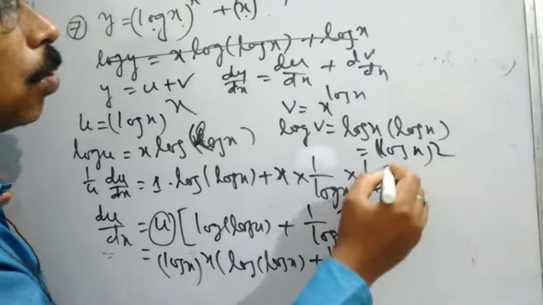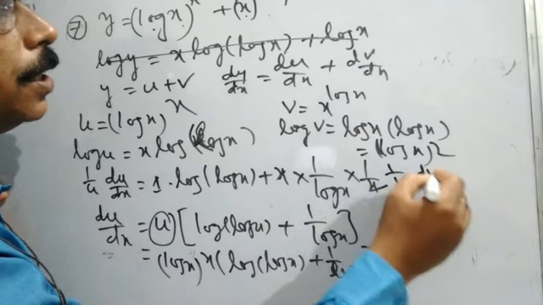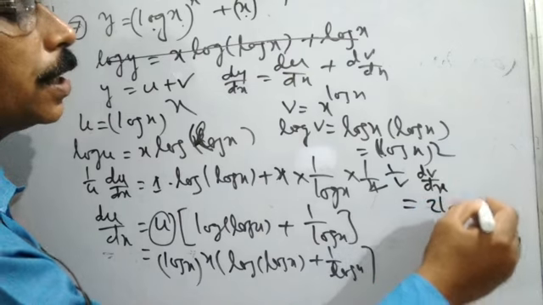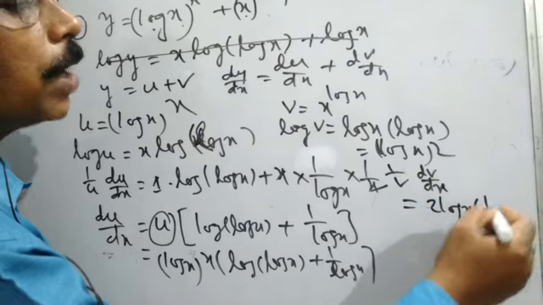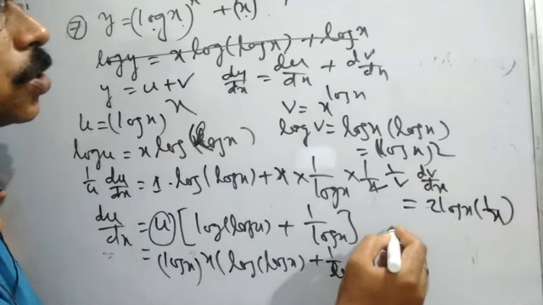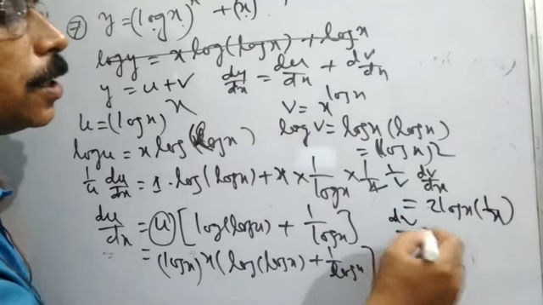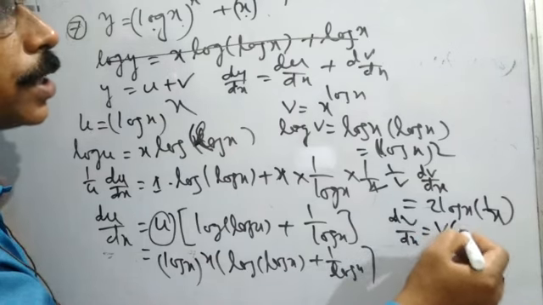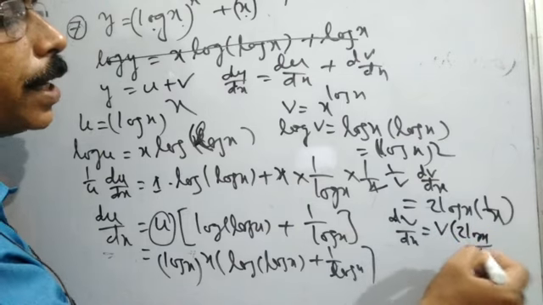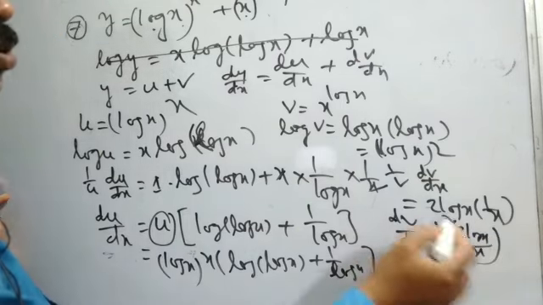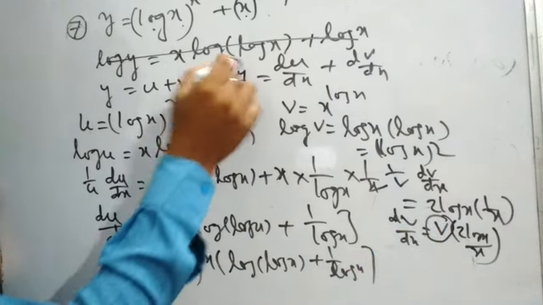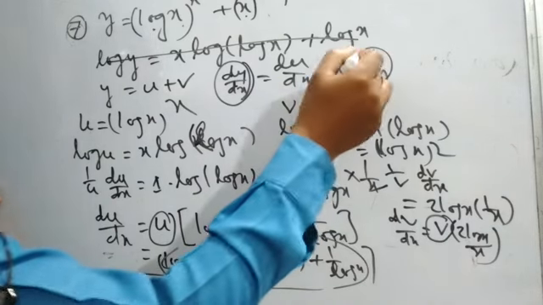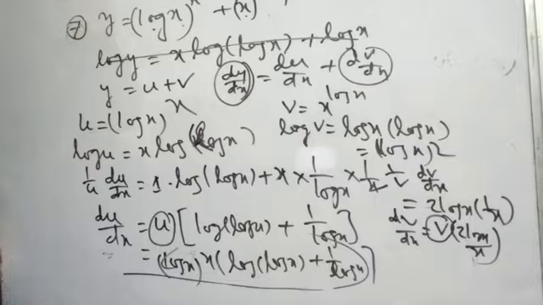Then differentiate: 1 by v dv by dx is equal to (log x) whole square, which gives 2 log x into the derivative of log x, 1 by x. So dv by dx is equal to v into this, that is 2 log x by x. Then originally put the value of v, and finally dy by dx is equal to du by dx value plus dv by dx value, then we will get the answer.